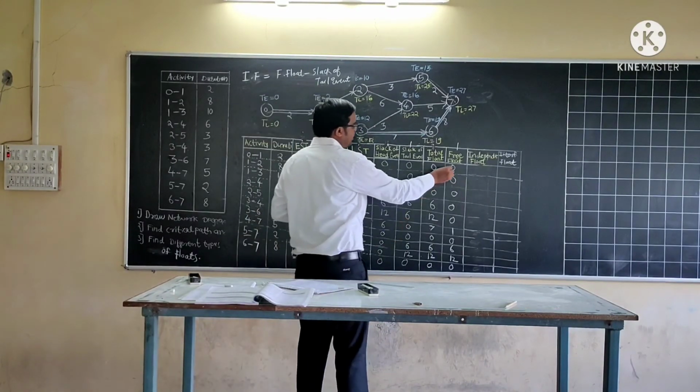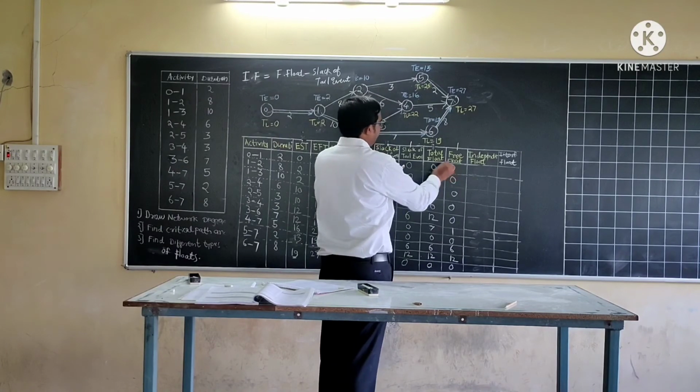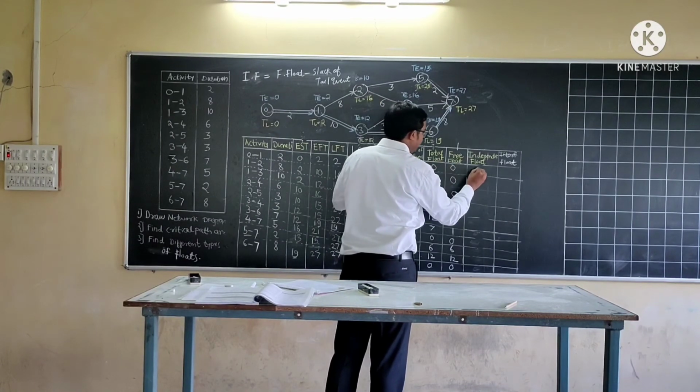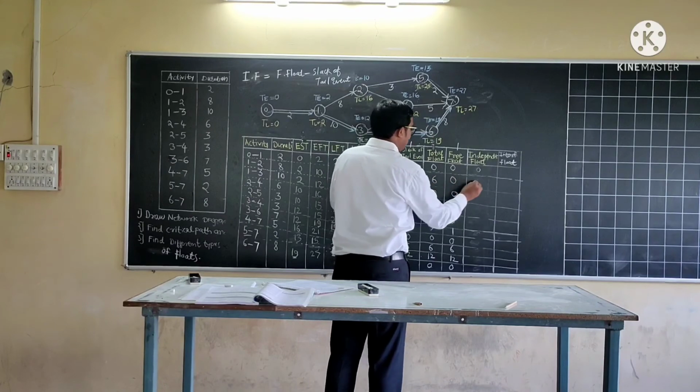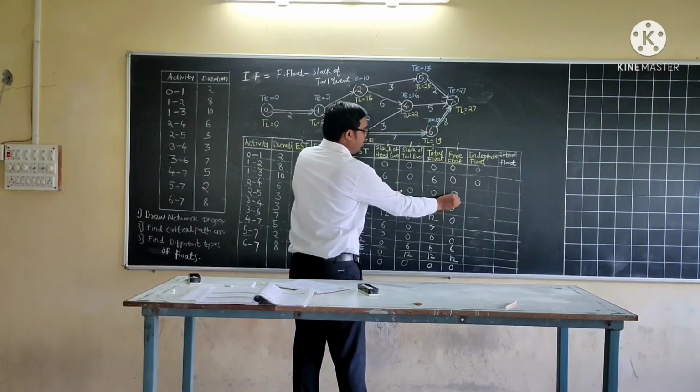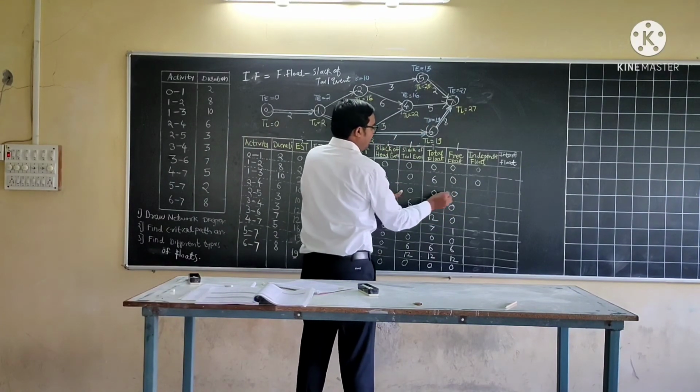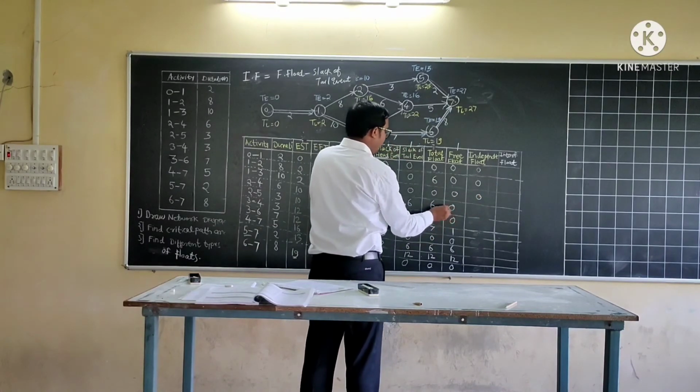So free float is 0, slack of tail event is 0. 0 minus 0, 0. 0 minus 0, 0. Again 0. Then 0 minus 6.